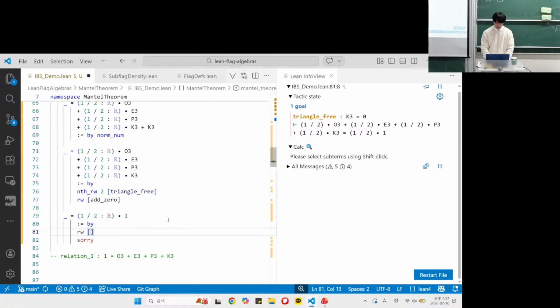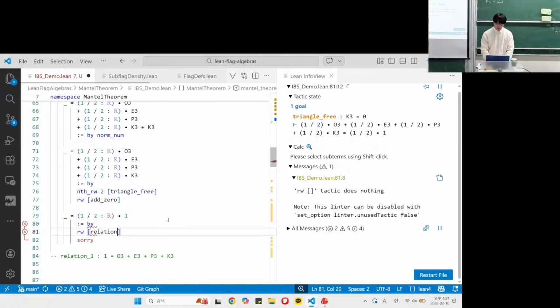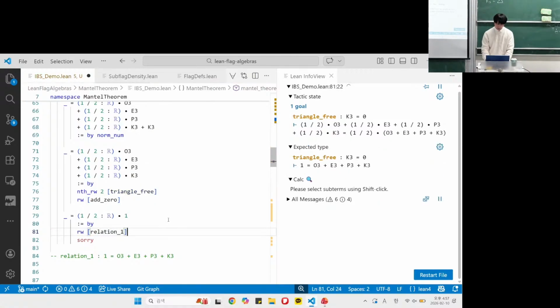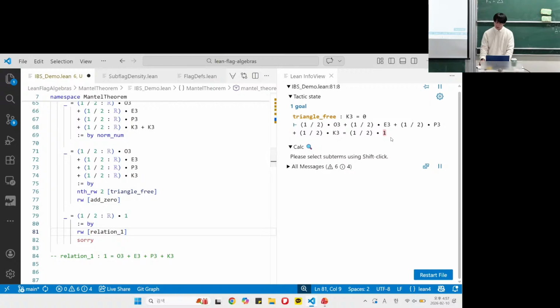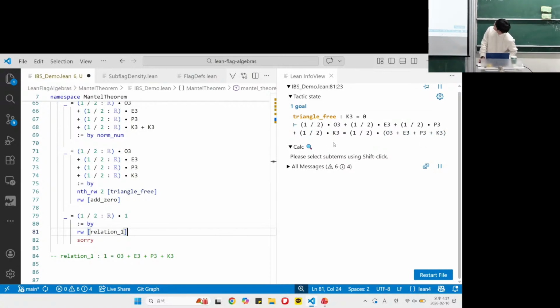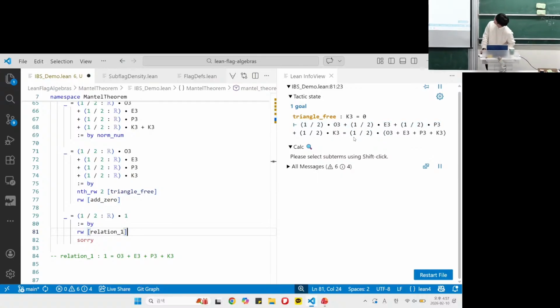We write relation 1. This makes this expression into o3 plus e3 plus p3 plus k3. And then what we have remaining is just to distribute these coefficients to each term.